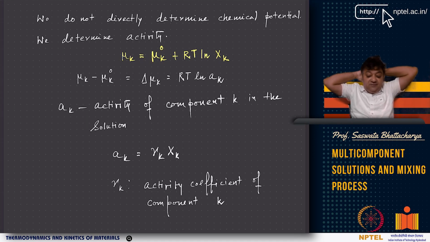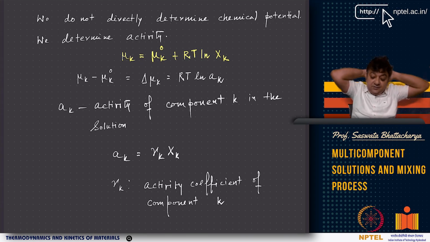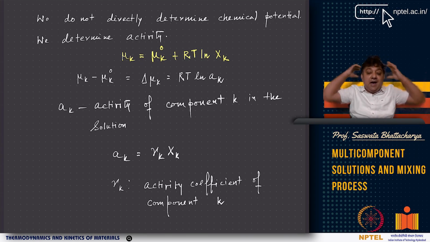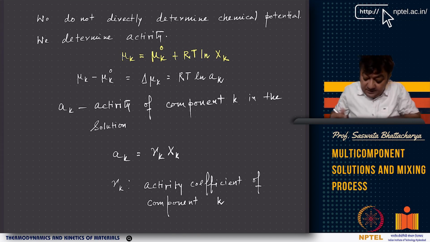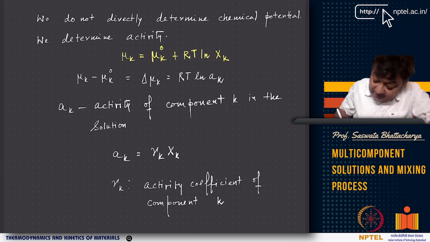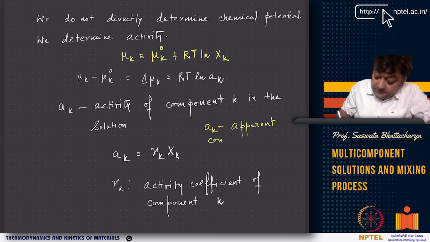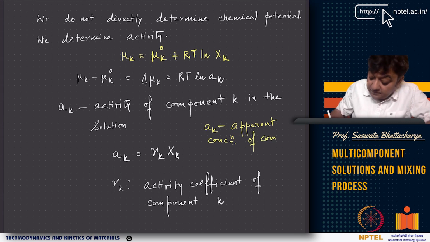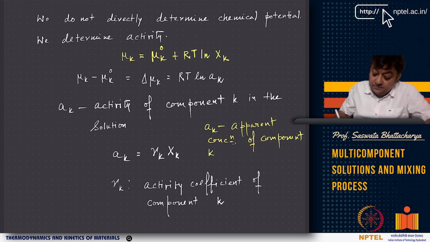For gamma K other than 1, aK is related to xk, but aK is a measure of the apparent concentration of component K in the solution.